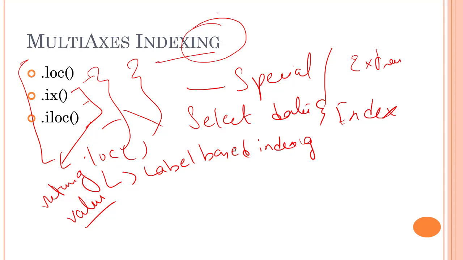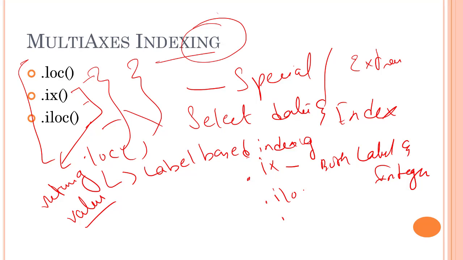But if we discuss them separately, .ix is used for both label and integer based indexing. Once we come to ILOC, that is used for integers. So it is similar to LOC, label based, but it uses integers. IX uses both label and integer. Those are the concepts and methods we use with NumPy and Pandas as well.